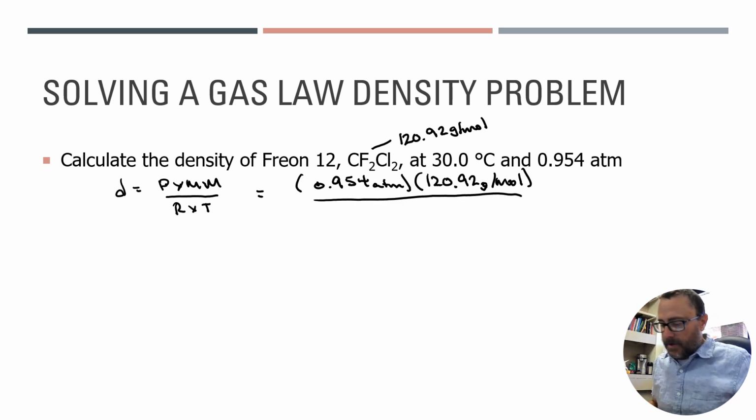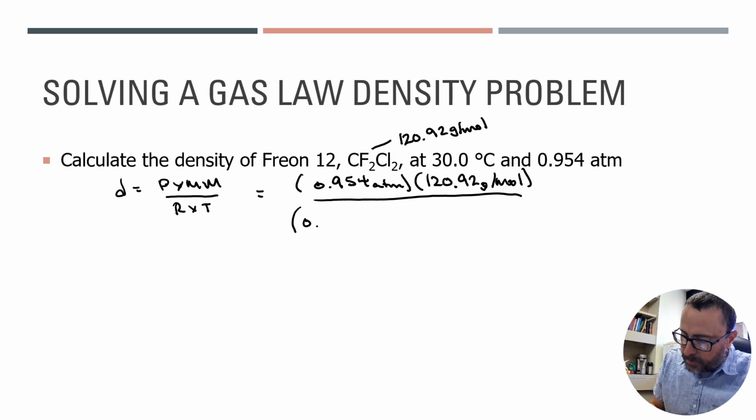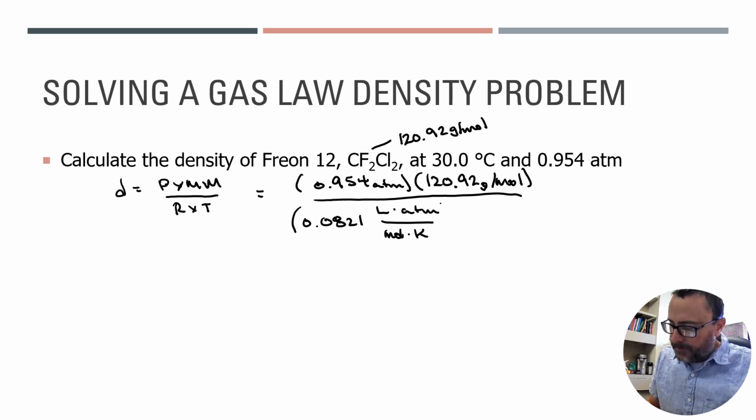And we're going to divide that by our R, 0.0821 liter atmospheres per mole Kelvin, times our temperature, 30 degrees Celsius, but we want kelvins, right? So 30 plus 273, 303 Kelvin.